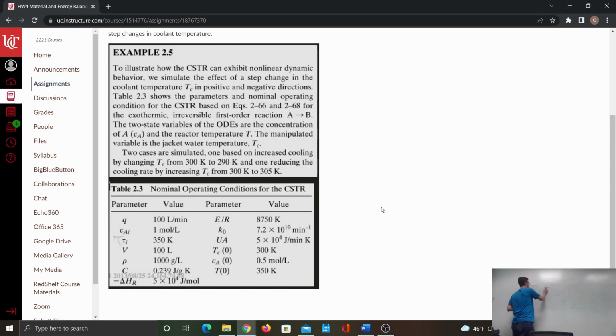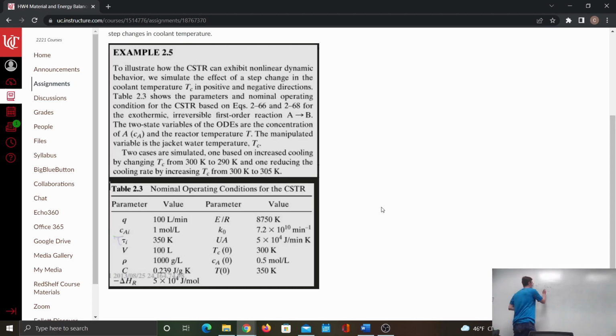We have our concentration of A coming in. We have our concentration of A in the reactor, which, because this is well mixed, means that the concentration of A going out of the reactor is equal to the concentration of A in the reactor. So we have Ca.